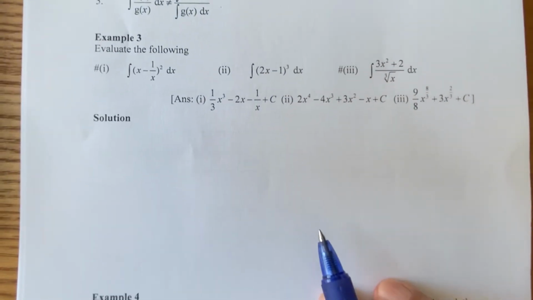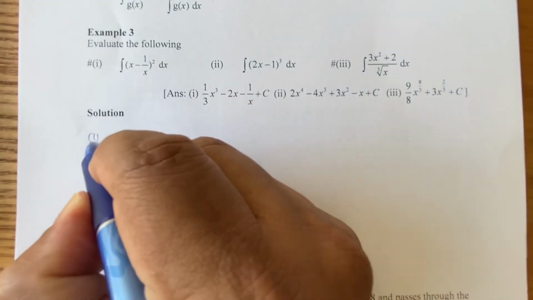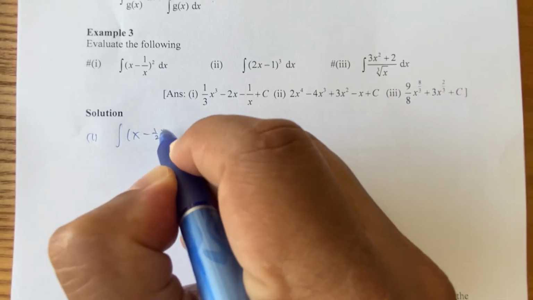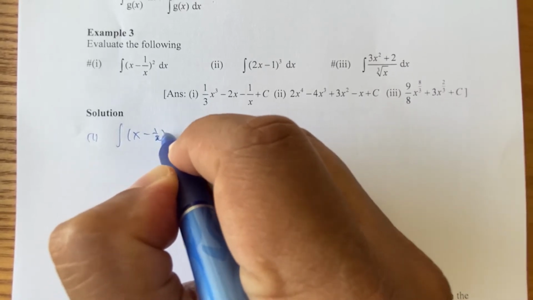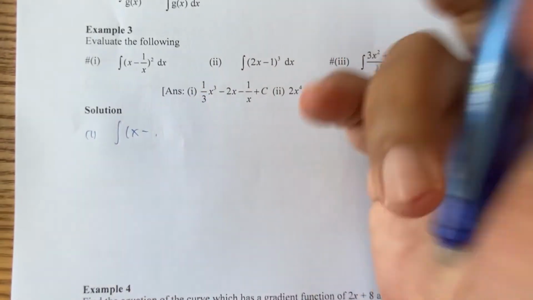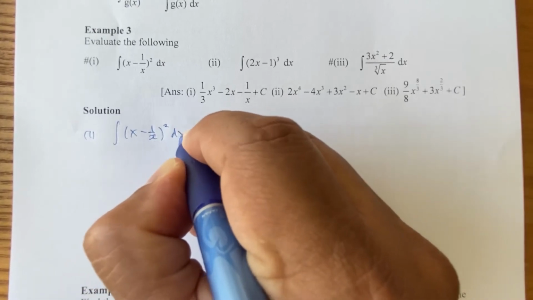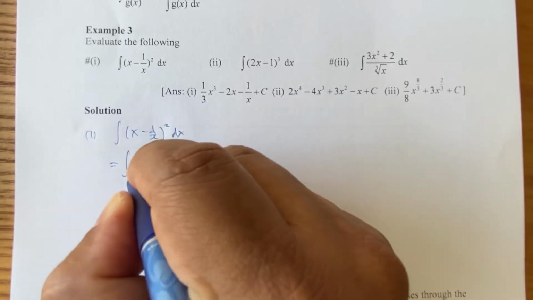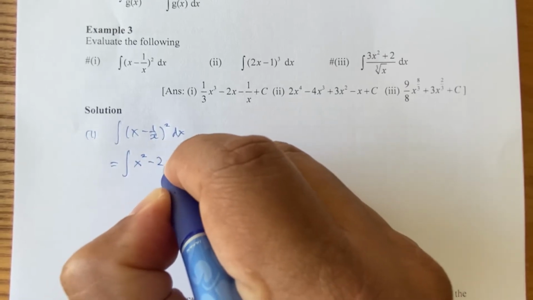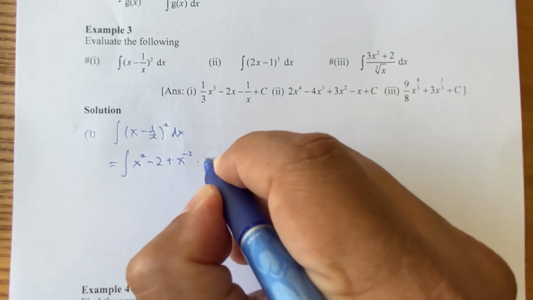Now, in example number 3, to be able to integrate this, I can write this as x minus 1 over x squared, squared. Now, I can expand it out. I will get x squared minus 2 plus 1 over x squared, dx.